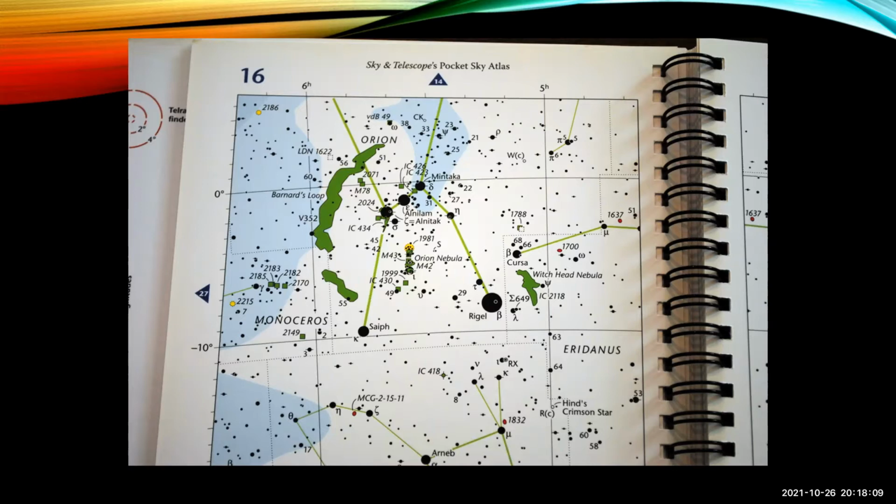Once you know how that measures up in your field of view, you know how to jump from, let's say, this star down to here. You know how many field of view widths you have to move. So that's the Pocket Sky Atlas. This is going to be the largest scale one that I cover. And again, it's terrific. It's a very handy chart.